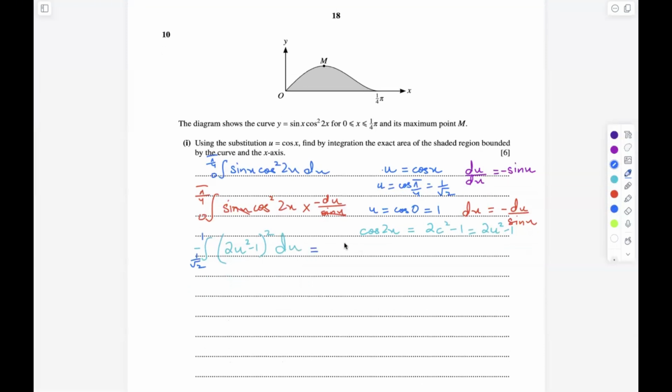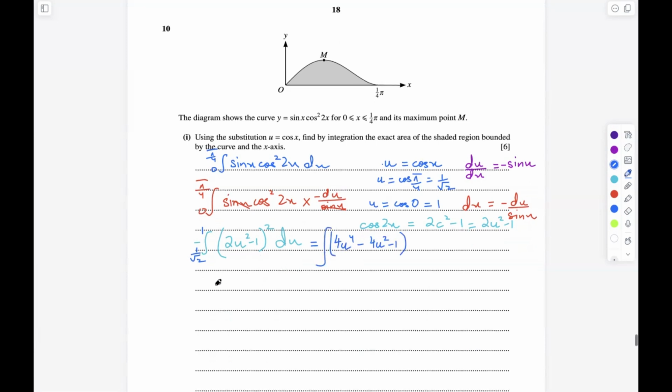Before integrating, we first expand this expression. (2u squared minus 1) whole squared becomes 4u to the power 4 minus 4u squared plus 1. Integrating, we get 4 upon 5 u to the power 5 minus 4 upon 3 u to the power 3 plus u.